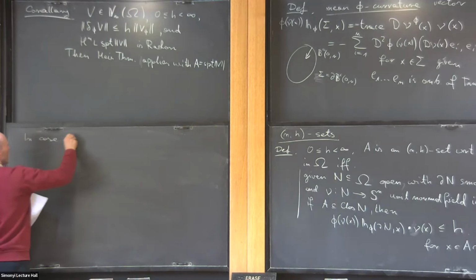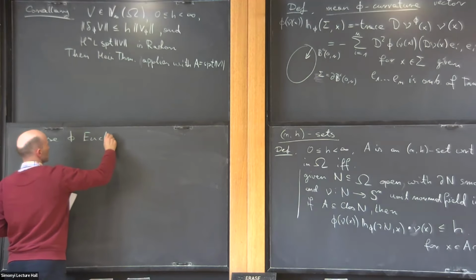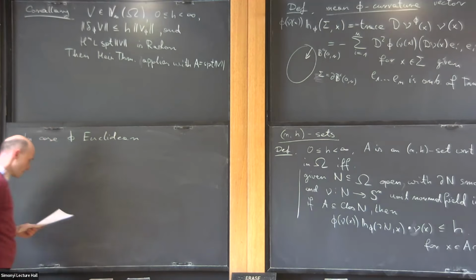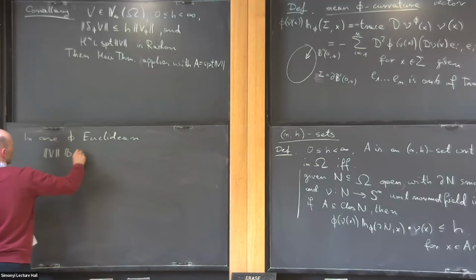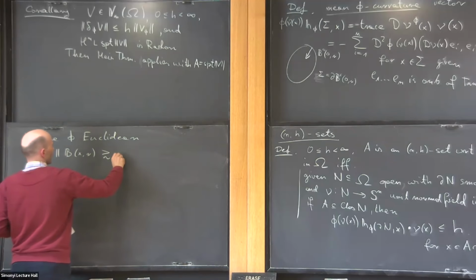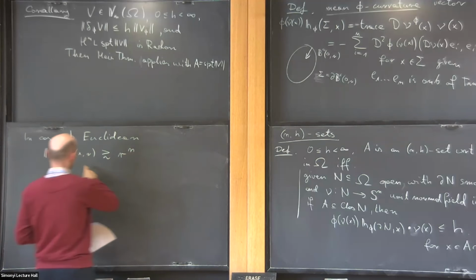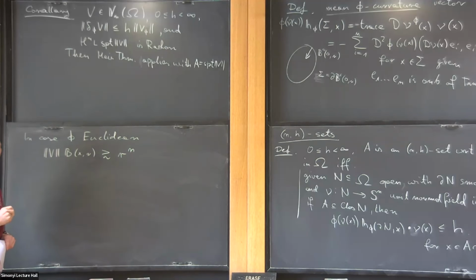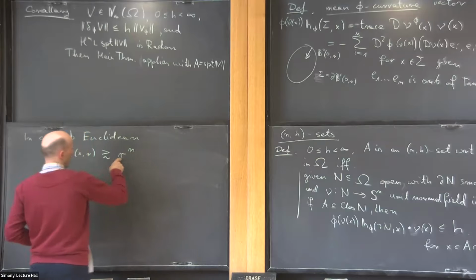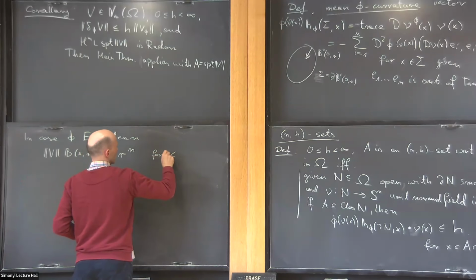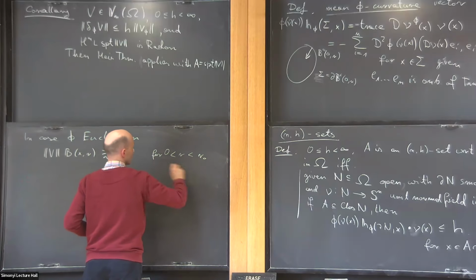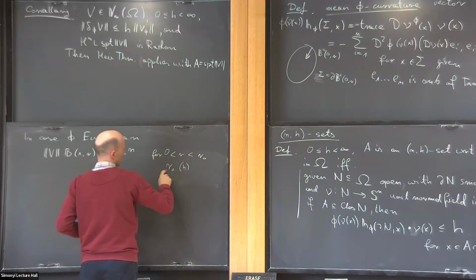In case phi is Euclidean, we have the so-called monotonicity formula for varifolds, which says that for V almost all x, you have this bound, where r is between 0 and some r0, and where r0 depends on H.